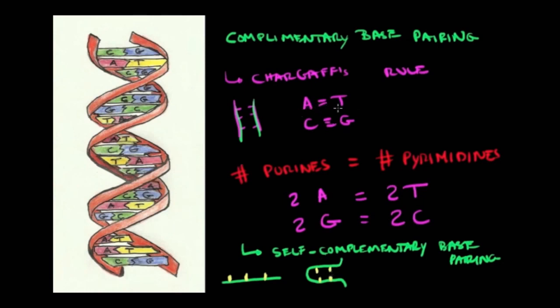An adenine with, in this case, uracil, if we're talking about RNA, and a cytosine with a guanine, and they're going to bind the same way. This is what we mean by self-complementary base pairing. And these loops, we call them loops, are found usually in RNA.